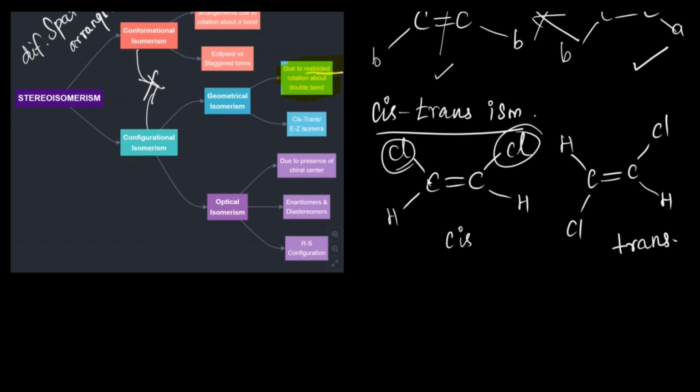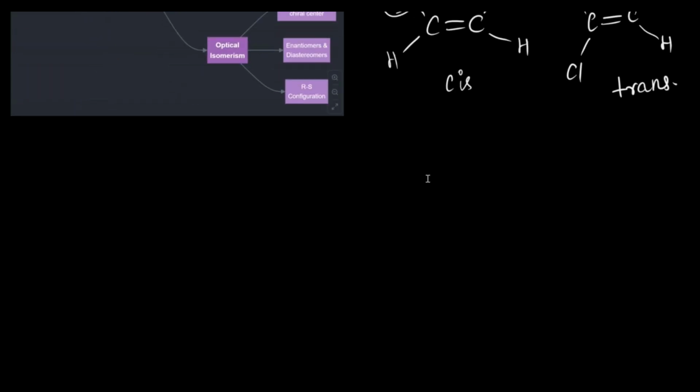What about the other classification? That is E-Z isomerism. What is the difference between these two? Once again, this also deals with restricted rotation. This also deals with double bonds, where restricted rotation is possible.